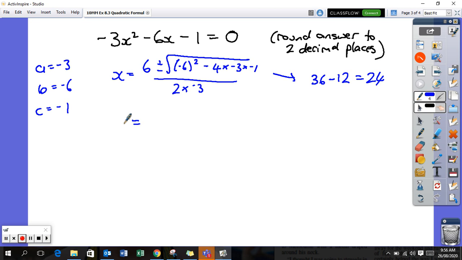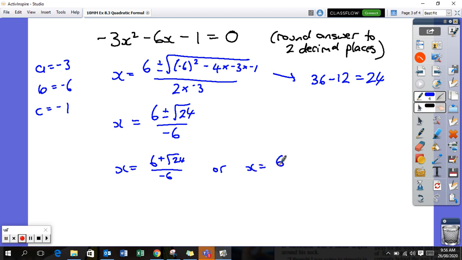So we have x equals 6 plus or minus the square root of 24 over negative 6. This time we've got to put into our calculator x equals 6 plus the square root of 24 over negative 6, or x equals 6 minus the square root of 24 over negative 6.